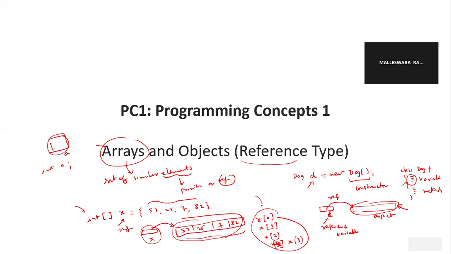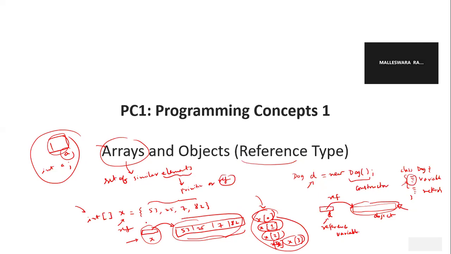These are exactly similar to the a here. That is one integer, this is one integer, this is another integer. The x itself is not an integer. It's a reference to integers. Exactly the same way for all of them.